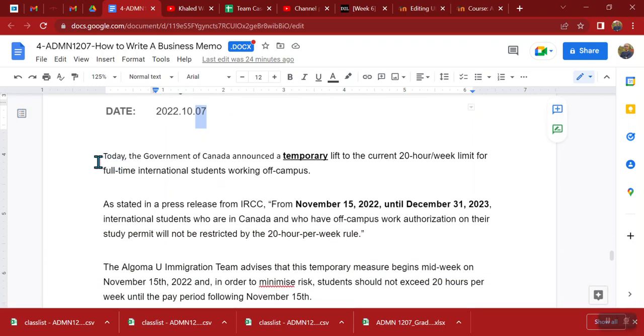Today, the government of Canada announced a temporary lift to the current 20-hour a week limit for full-time international students working off campus. So that is good news for every student, and it's the first message. Now you know the purpose, and then come some details.